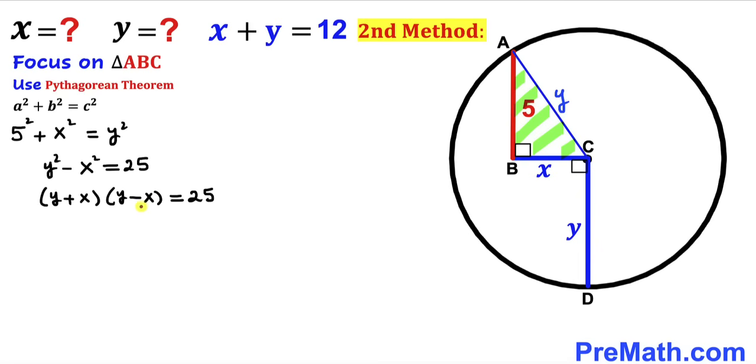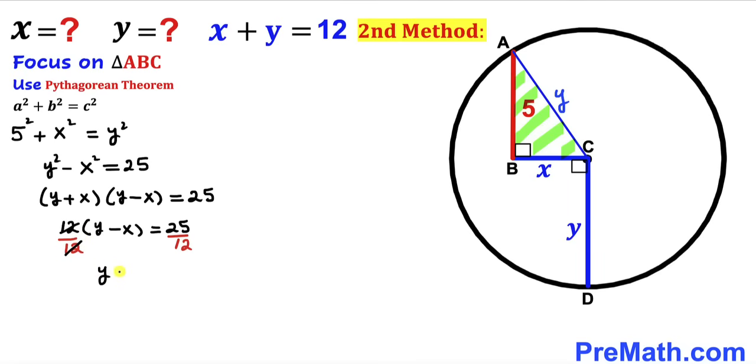And now let's make an observation. We can see our x plus y value is 12. So therefore this part x plus y is same as writing 12 over here. So therefore we end up with 12 times y minus x equals to 25. And now we are going to divide both sides by 12. This 12 and 12 is gone.